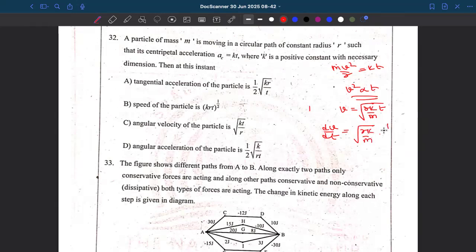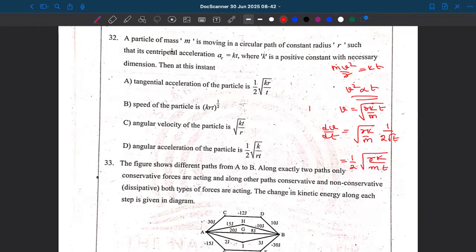Root of T differentiates to 1 by 2 root T. So therefore, you will write this as 1 by 2 times root of RK by M into T. My doubt in the 32nd question is there is no mass term here. Please correct me if I am wrong. Do you agree? Yeah, I am wrong here.